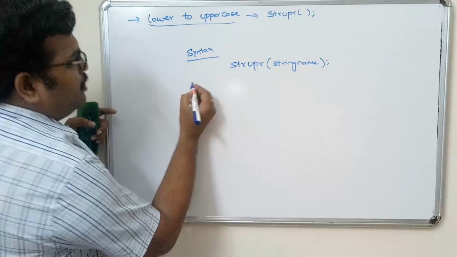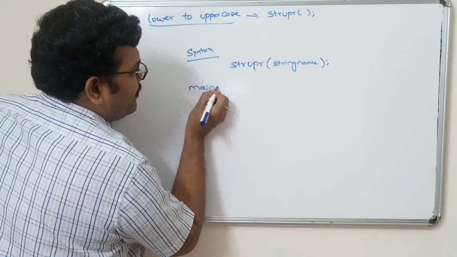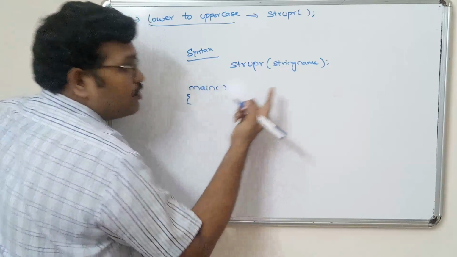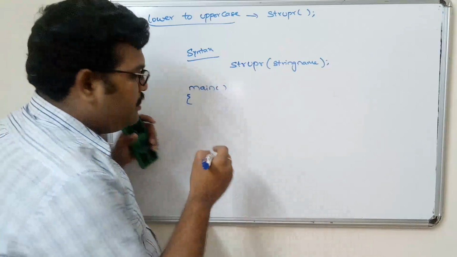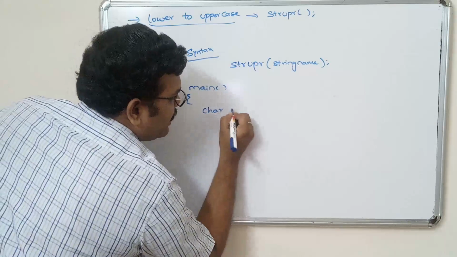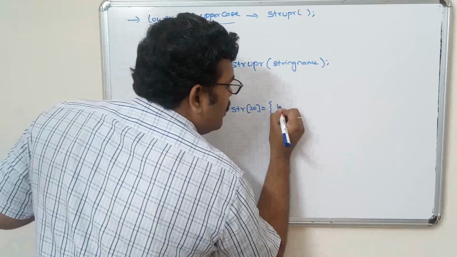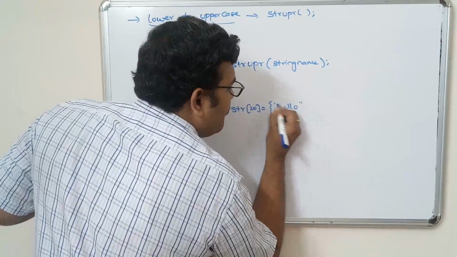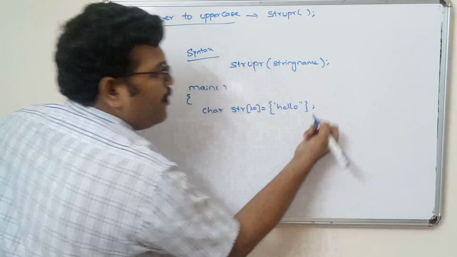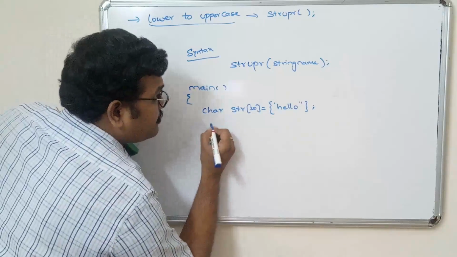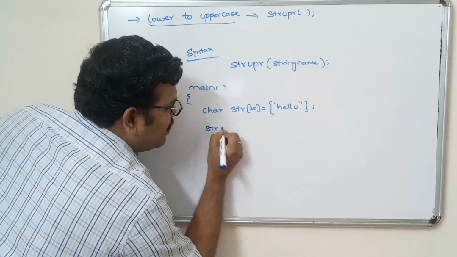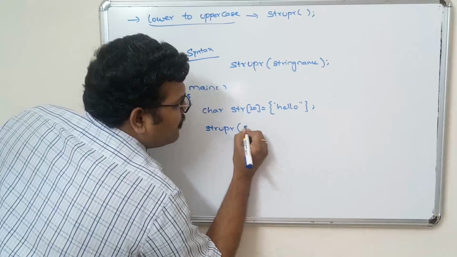So if you write the program, we have to declare and initialize only one string. char str of 20 is equal to hello, and then I will use this strupr of str.